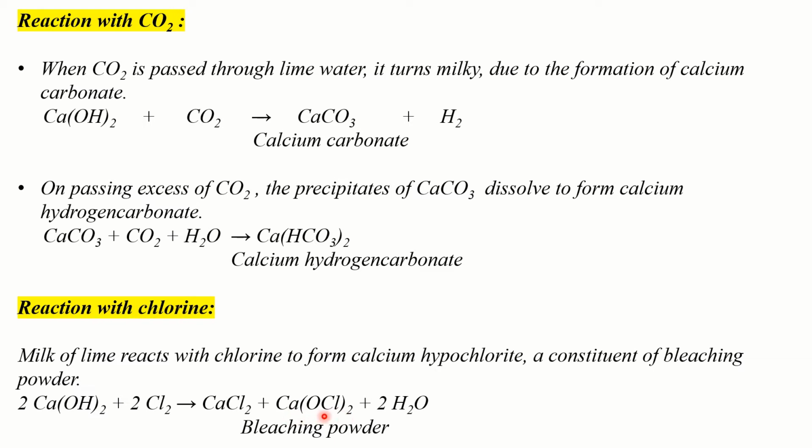Calcium hypochlorite is formed due to the reaction of a suspension of calcium hydroxide with chlorine. This calcium hypochlorite is an important constituent of bleaching powder, along with the formation of small quantities of calcium chloride and 2 molecules of water as byproducts.